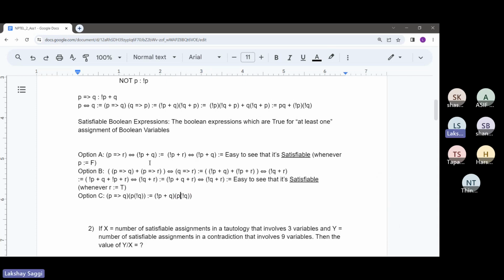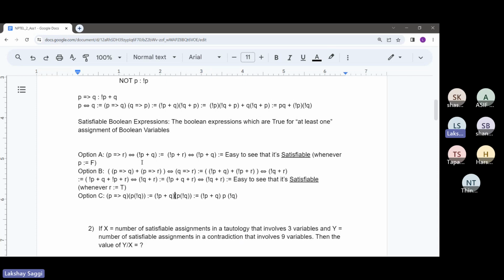So actually the order of multiplication does not matter. This P and not Q can be evaluated first, or this not P plus Q times P can be evaluated first and then ANDed with not Q. So this can be written as not P plus Q times P and times not Q. It's up to me to do the multiplications.